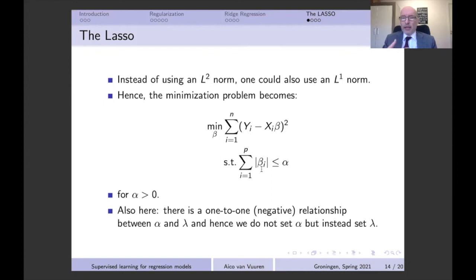You should realize that at the moment that I have, for example, an application in which I have 500 different features, that is not too much, of course, and I'm going to use the ridge regression, ridge will set all the beta coefficients not equal to 0. There will be very few beta coefficients that will be set very, very close to 0, such that we can say, well, they are exactly equal to 0.